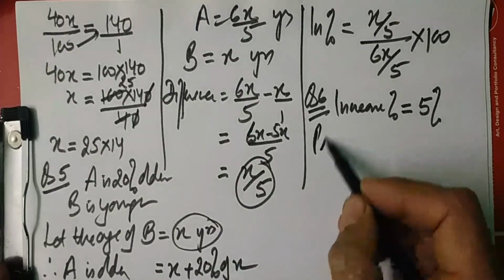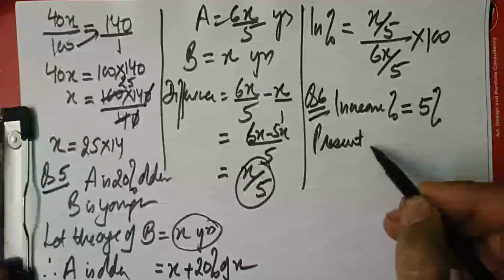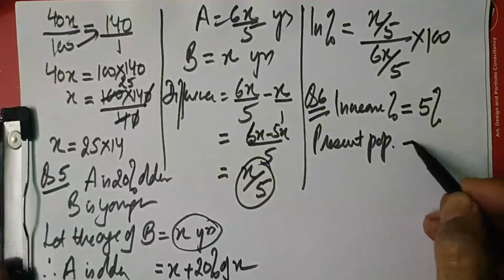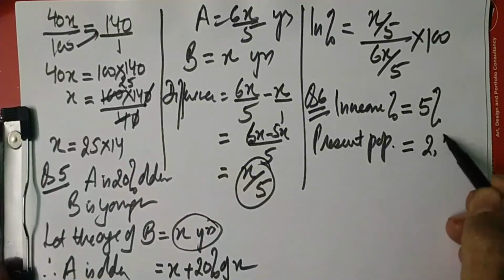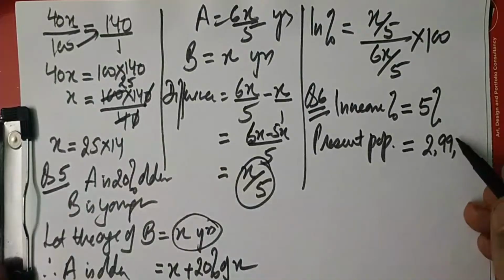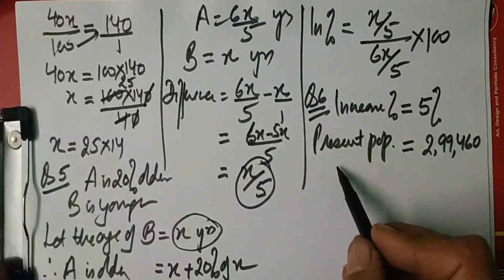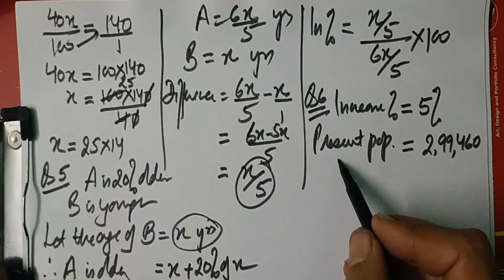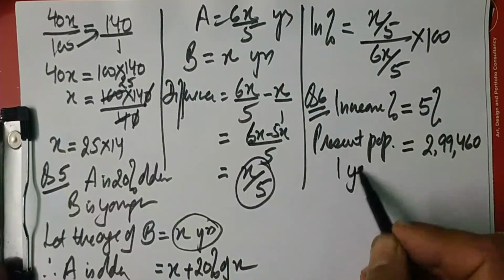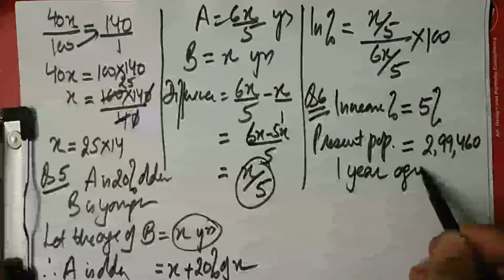If present population is 2,99,460, what was it 1 year ago? Population 1 year ago.